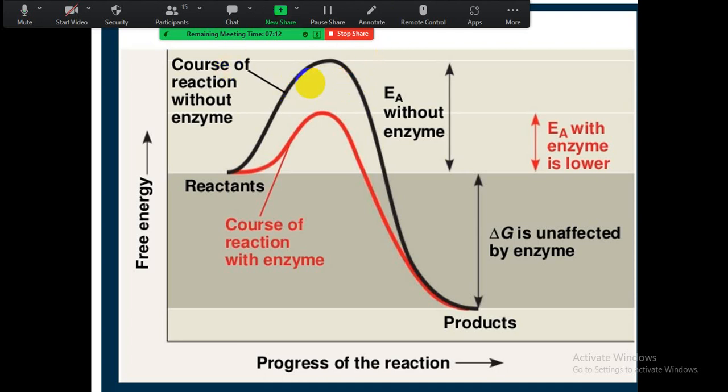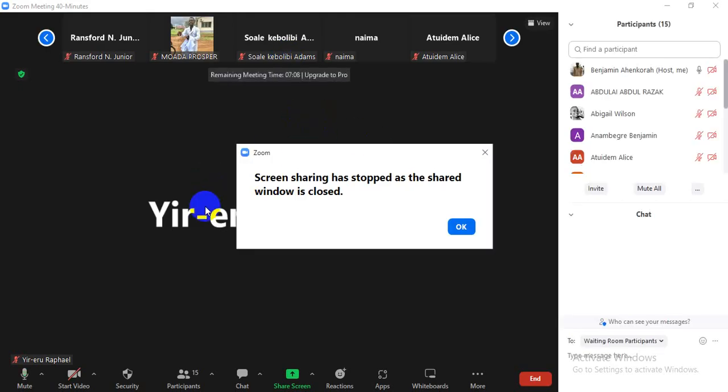Without enzymes, you need a very big energy of activation. Without enzymes, please, it seems this thing is disturbing me. Hello? Hi. So I will lock you.